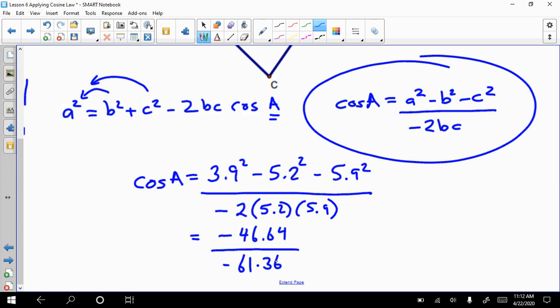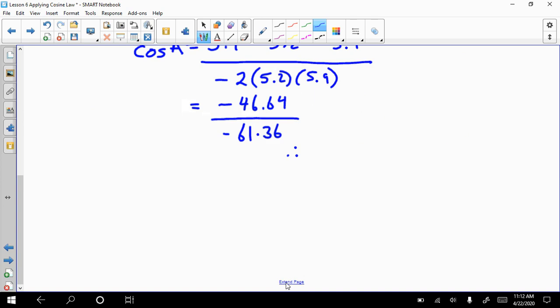And so when I divide those, negative 46.64 divided by negative 61.36, I'm going to get a positive. A negative divided by a negative is definitely a positive. Okay, and so I get the answer of 0.760.